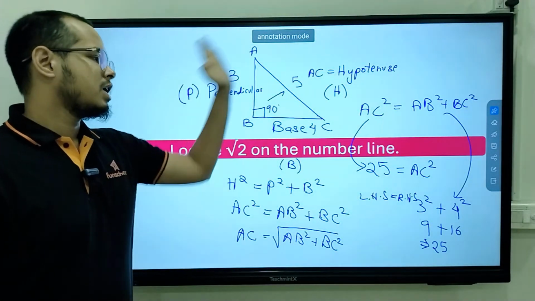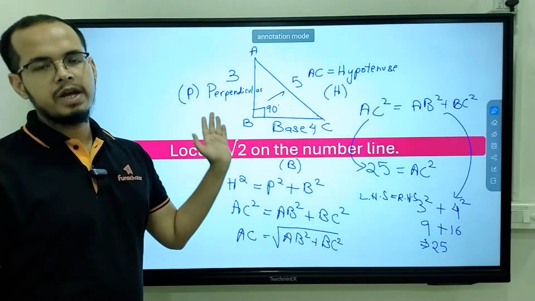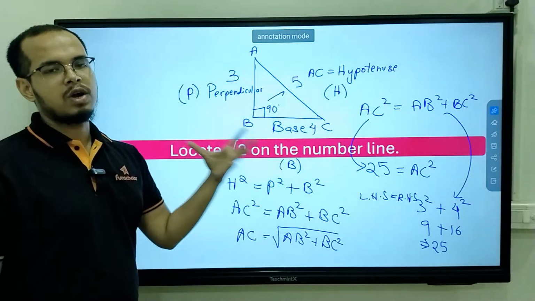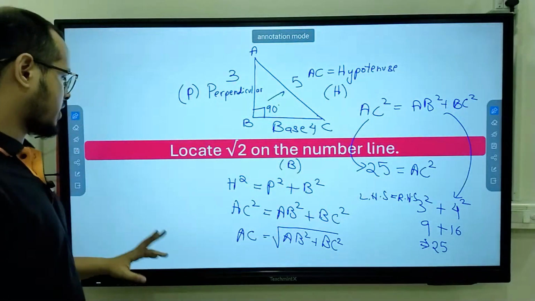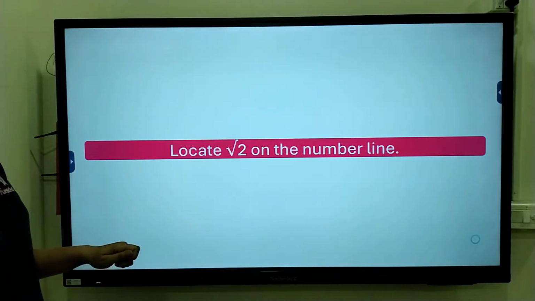We'll be using this entire thing for calculation of root 2 on the number line, root 3 on the number line, things like that. This is the basis of how we will plot root 2 and other irrational numbers on a number line. As we have now stated this, let's draw how to locate root 2 on a number line.